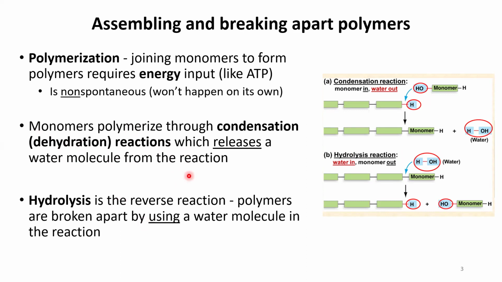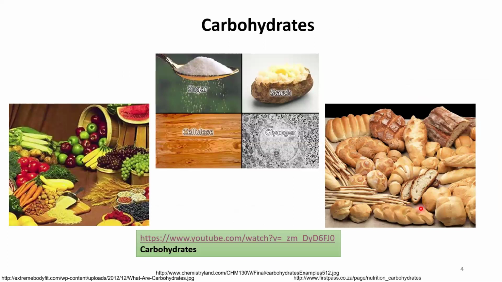Hydrolysis, on the other hand, is the opposite reaction of condensation, where polymers are broken apart by adding a water molecule into it. So the first macromolecule that we're going to talk about is carbohydrates.